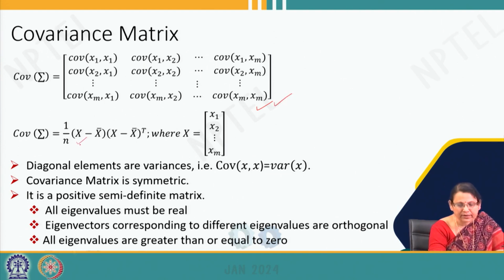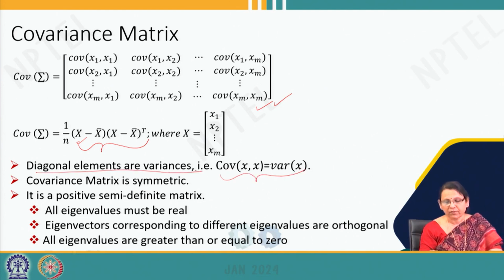X is the data matrix, x bar is the mean, and this is basically a mean-centered data matrix, and we find the covariance. When we find the covariance, the diagonal elements relate one variable with itself, so they are variances. This covariance matrix is symmetric and positive semi-definite.